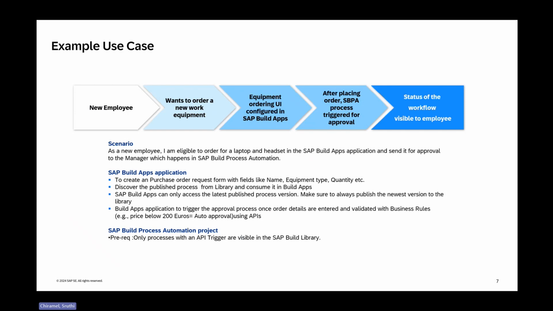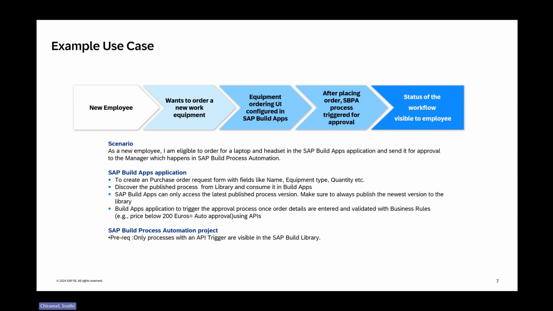And for this, within Build Apps, we would need to create the purchase order UI form, with fields like name, equipment type, quantity, etc. Then we would need to discover the published process from the library and consume it in Build Apps. So this process would be pre-existing or pre-published from SAP Build Process Automation.